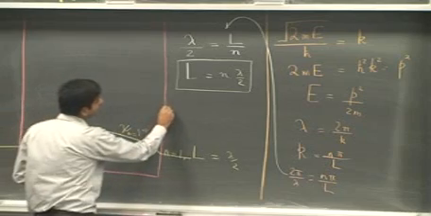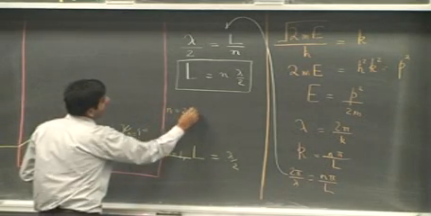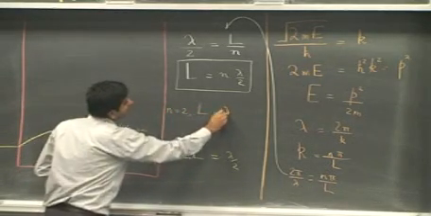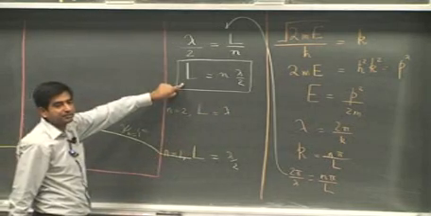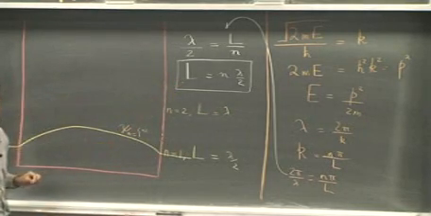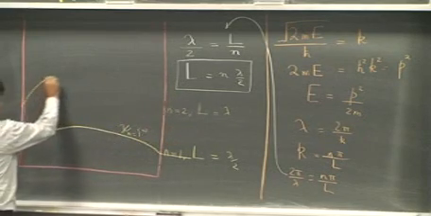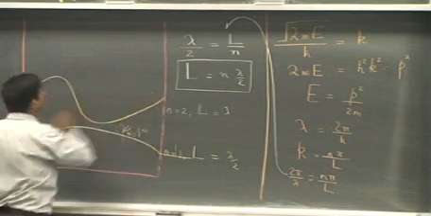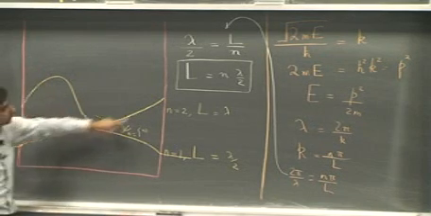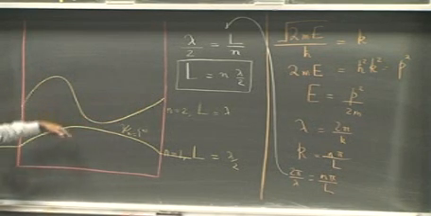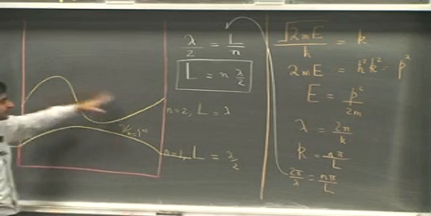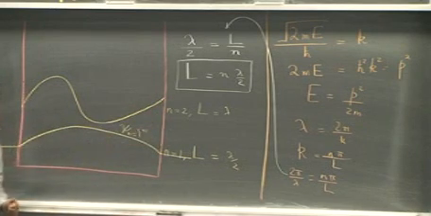For n equals 2, L would equal lambda. Just look at this relationship. So the wave function for n equals 2 is the following. It's just a standing wave whose wavelength is such that one wavelength fits into the length of the well.